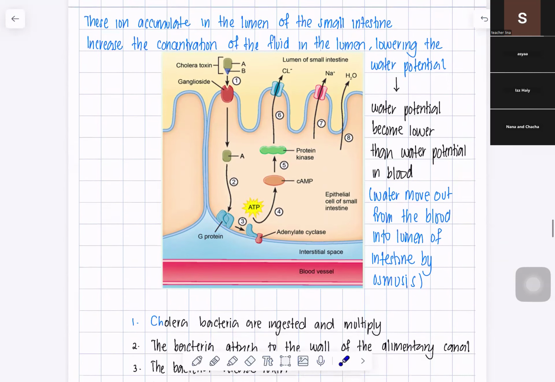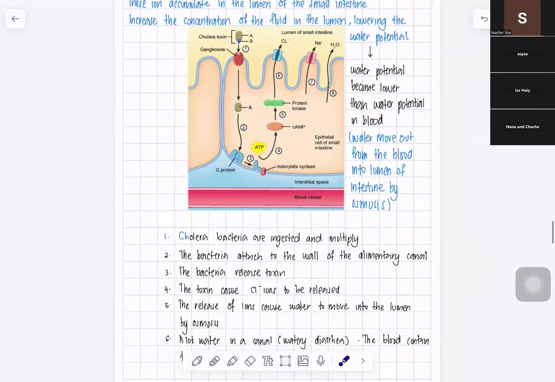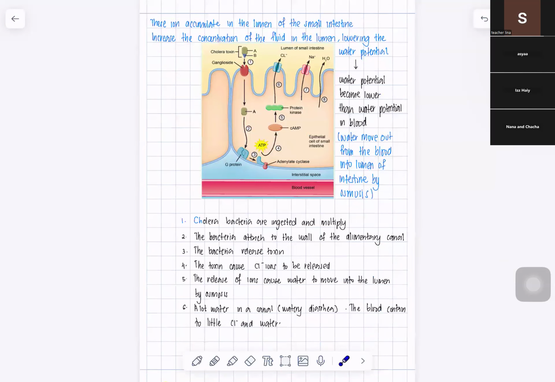Okay, I need to summarize this one. Cholera bacteria are ingested and multiply in the large intestine. The bacteria attach to the wall of the alimentary canal, and then the bacteria release toxin.